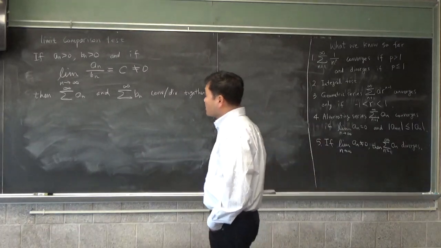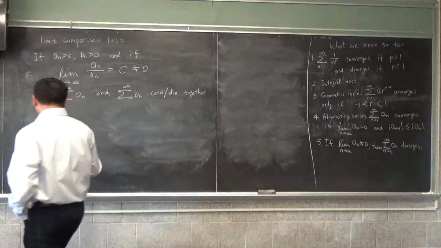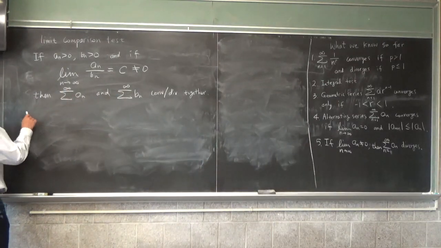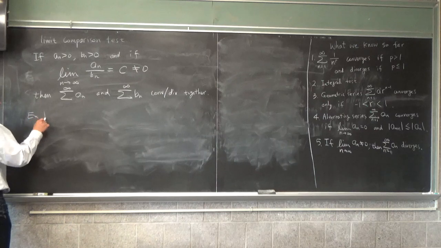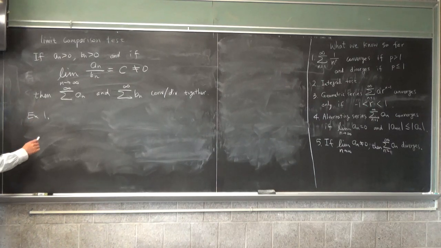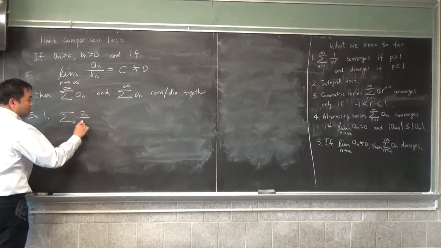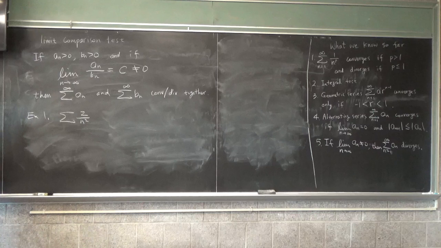Okay, if you think about some examples, here's a trivial example. How do you show that the summation of 2 over n squared converges?